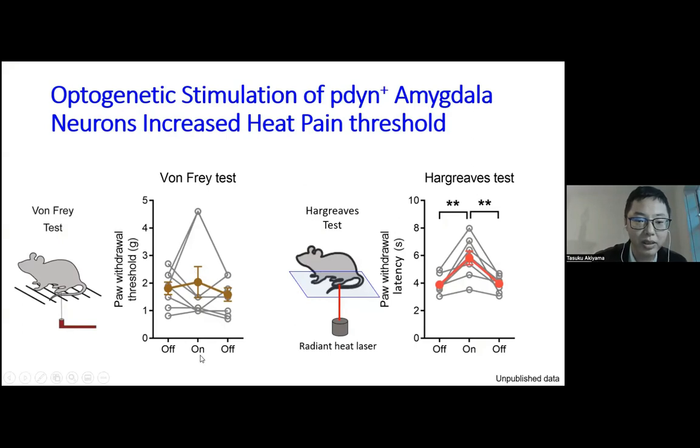We deliver the red light in the middle. And then in the case of the heat pain, by delivering the red light, we can see the increase in the paw withdrawal latency. So that means the heat pain threshold is increased.